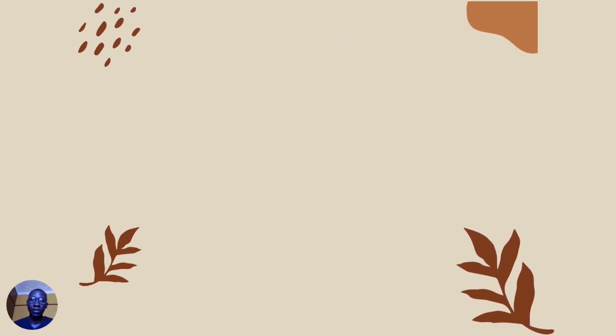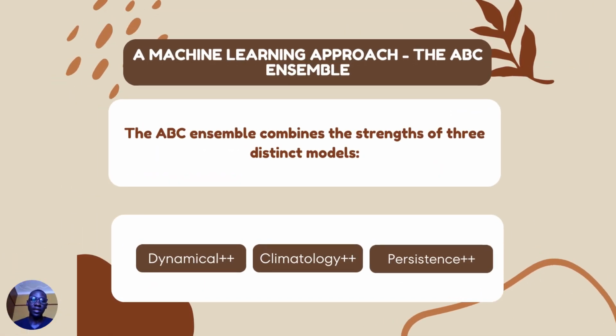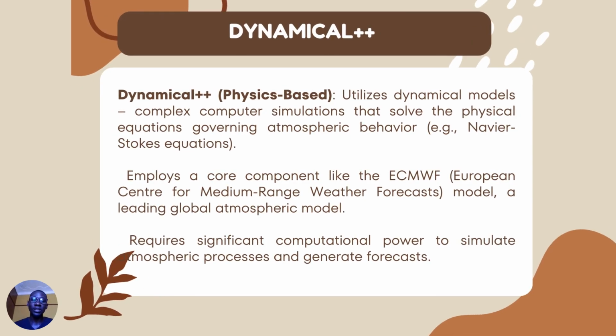So this is a breakdown of the ABC ensemble. The ABC ensemble combines the strengths of three distinct models, that is dynamical, climatology, and persistence, for this kind of problem. If we continue, we are going to dive into the details of these different models.